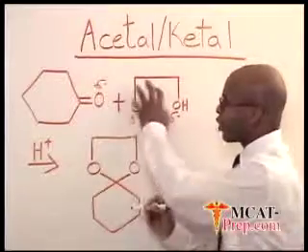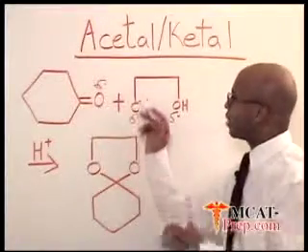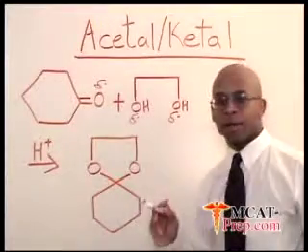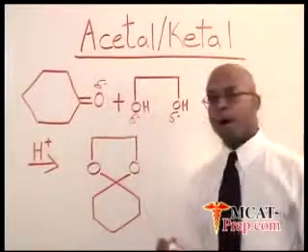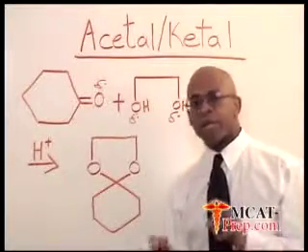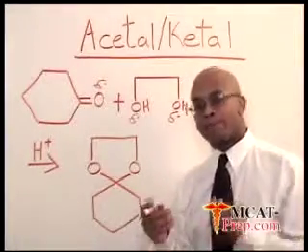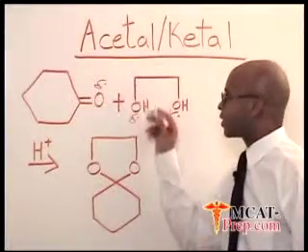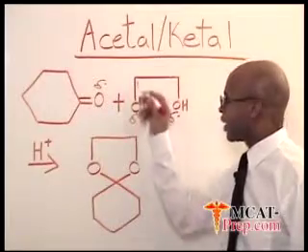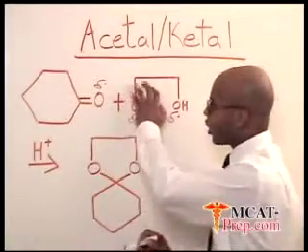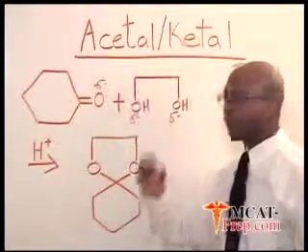But if the water was to leave, then the carbon, which is here, would be positively charged. Not just partially positively charged. It would have a formal positive charge because it lost its electrons. It lost the bond that it had with this oxygen. So this would fall off as water. It would be positively charged.